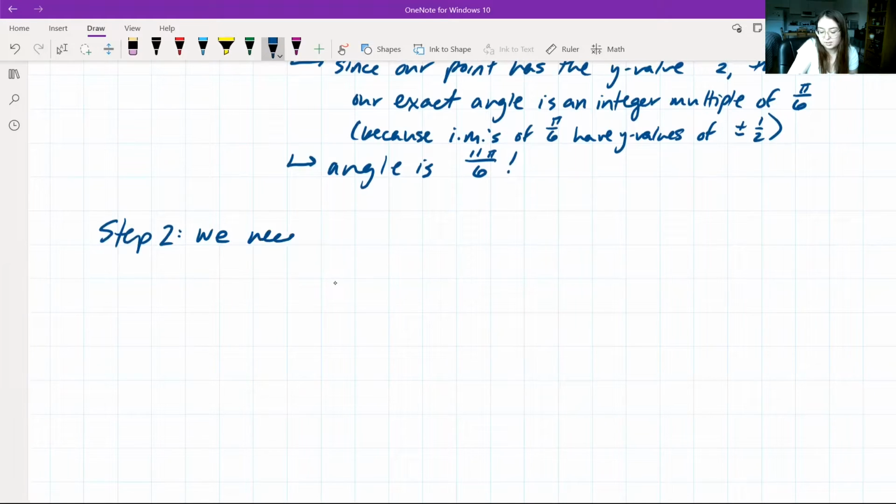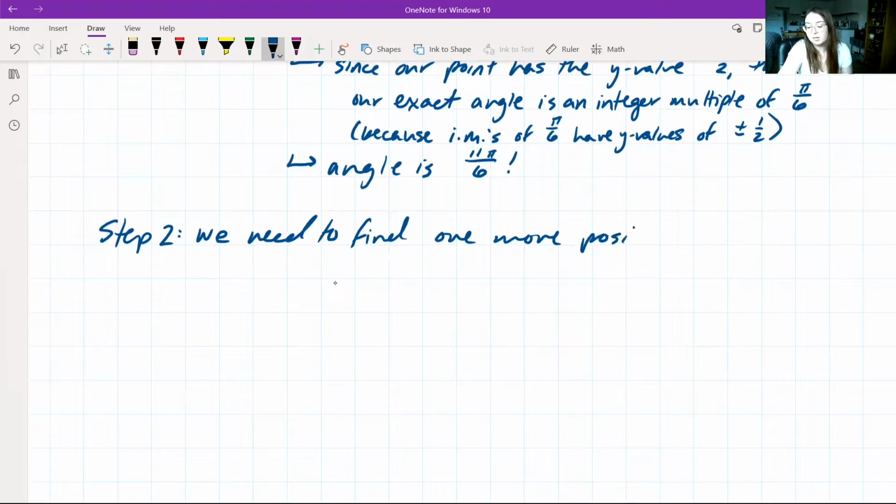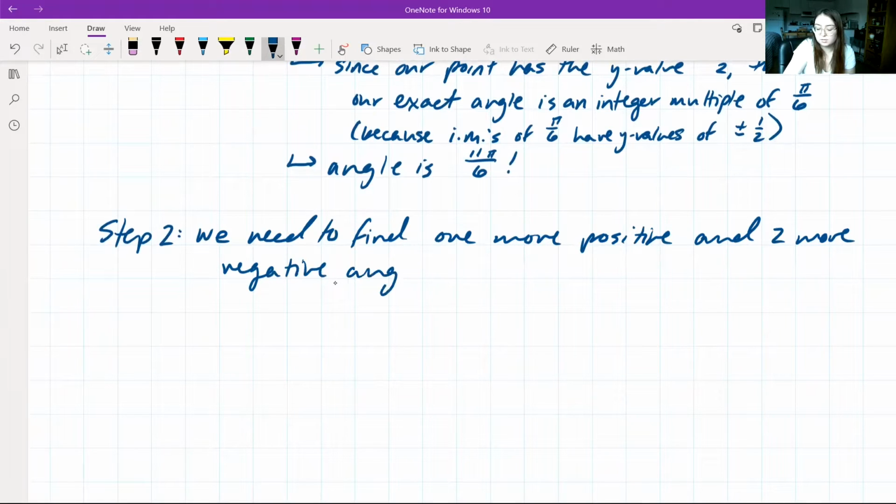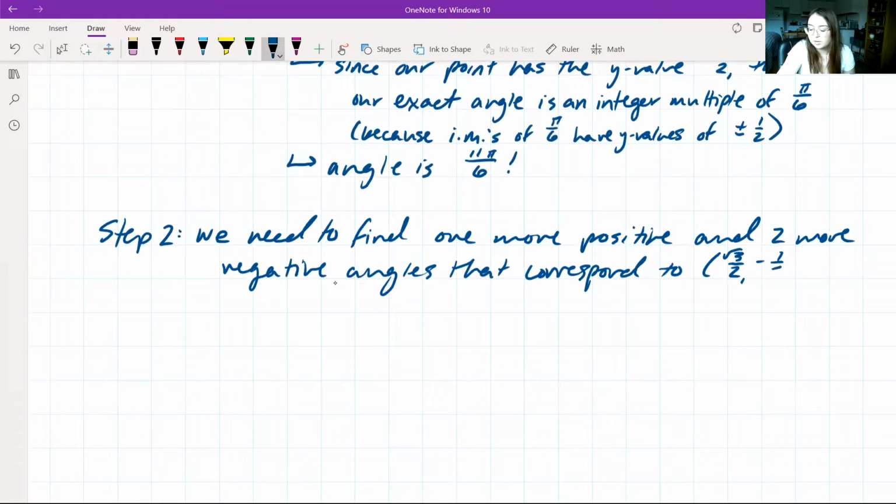We already have one positive angle, so this means that we need to find one more positive angle and 2 more negative angles that correspond to the square root 3 over 2, negative 1/2.